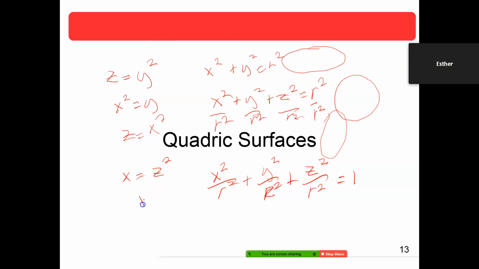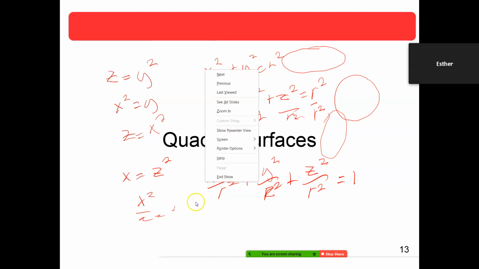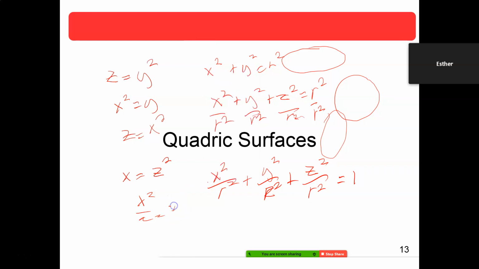You have x squared over a squared plus y squared over b squared plus z squared over c squared is equal to 1.